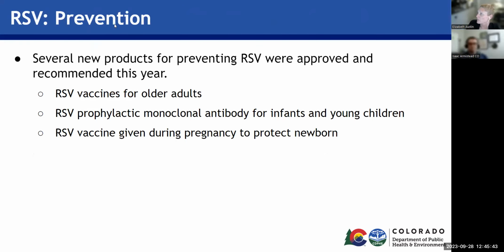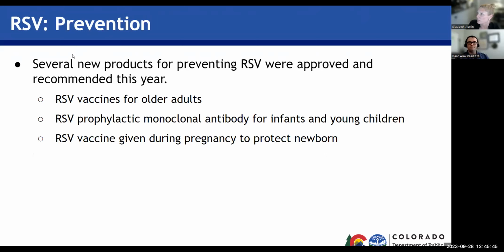And now I will pass it back to Isaac to talk more about RSV prevention products. Thanks, Elizabeth. All right, so this is a newer area for us this year in the United States. Prior to this year, 2023, there would be only one product that was available to actually prevent RSV.